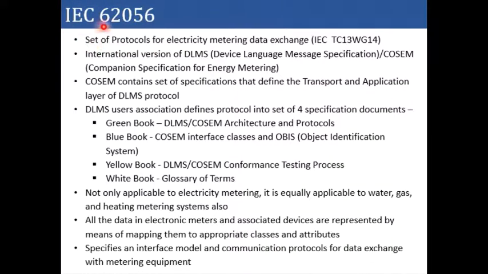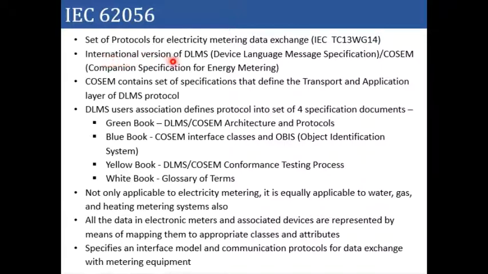Let's talk about the IEC standard. IEC 62056, commonly known as the DLMS COSEM protocol. It is the set of protocols for electricity metering data exchange, which was suggested by IEC Technical Committee 13 Work Group 14.